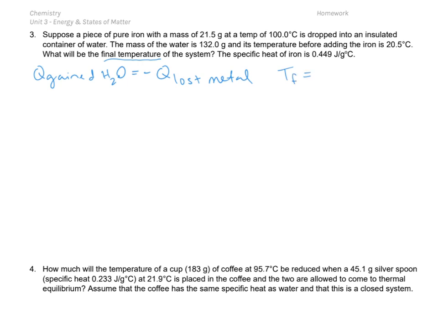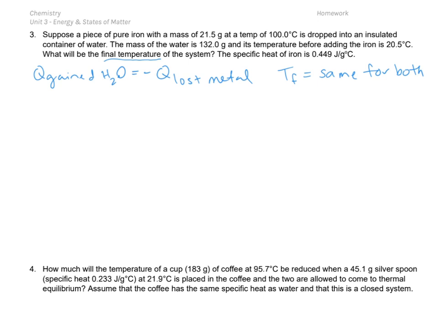Something important to remember is because the system is at equilibrium, the TF for both the water and the metal is the same. So rather than splitting it into two steps, we need to do this as one big equation, and it will involve a large amount of algebra.